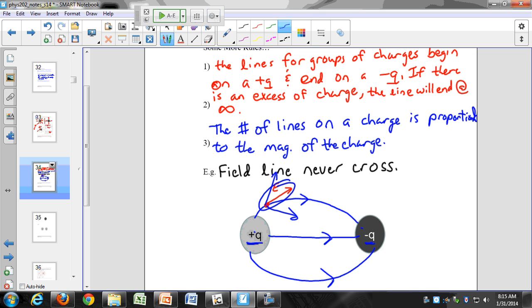In the opposite direction of the electric field, the negative direction, you would always have it going away from the positive charge and towards the negative. Field lines always start at positive and end at negative. All right. May I go on?